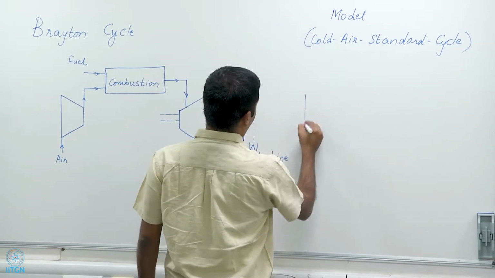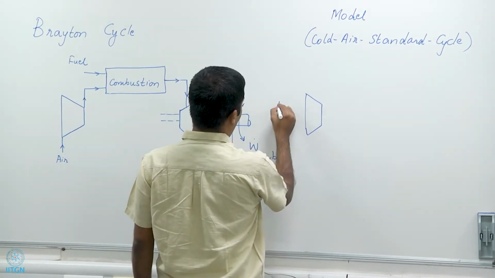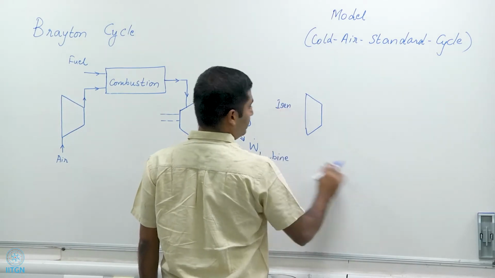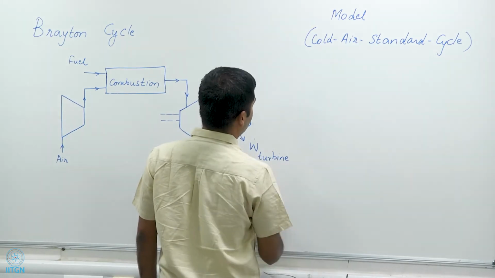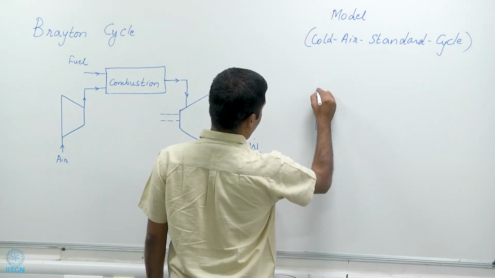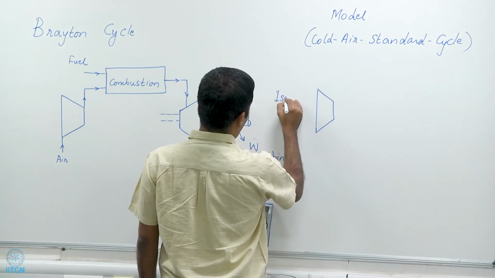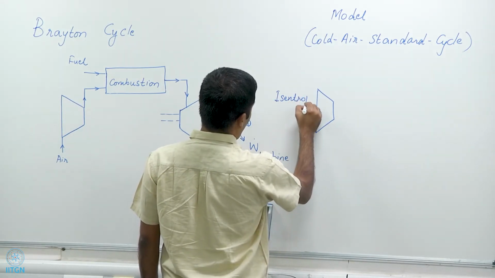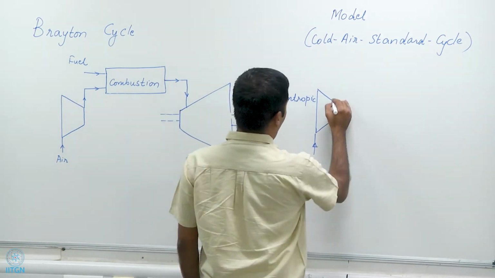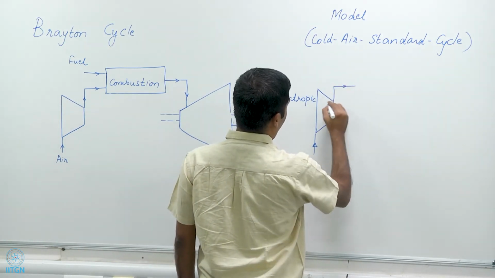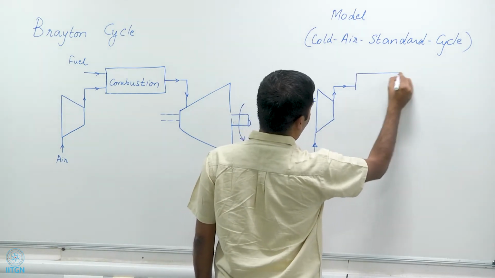So, we have the compressor, and in this model this is an isentropic compressor, which draws in air and exhausts it at a relatively high pressure and moderate temperatures.